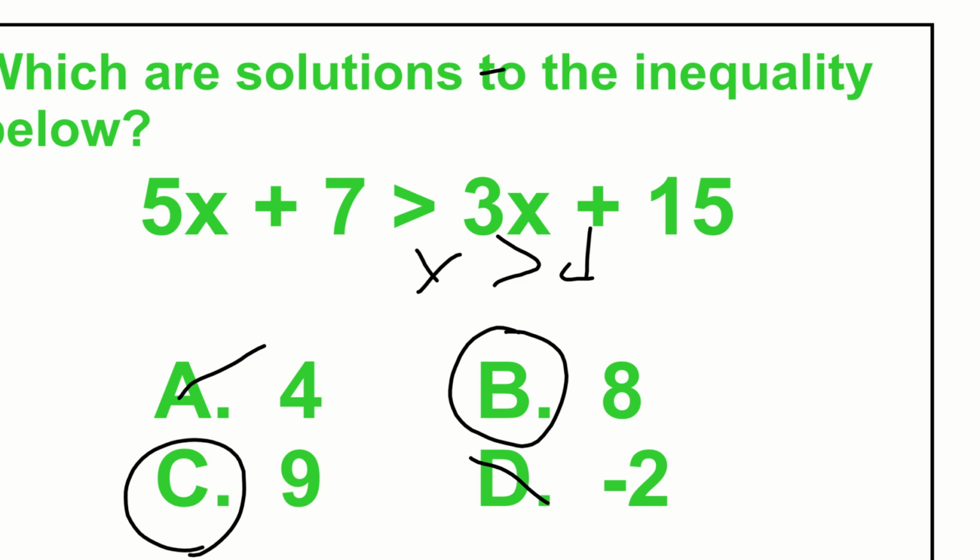If you have an inequality and it asks you for which one's a solution or which ones are solutions, what you're looking for is what makes the inequality true, okay? In most cases, it seems like those are problems that are trying to trick you a little bit. When you solve it, one of the answer choices will be the number you get when you solve it almost every time.